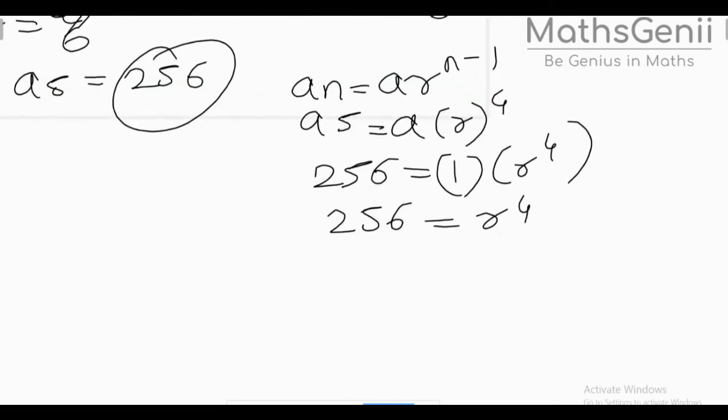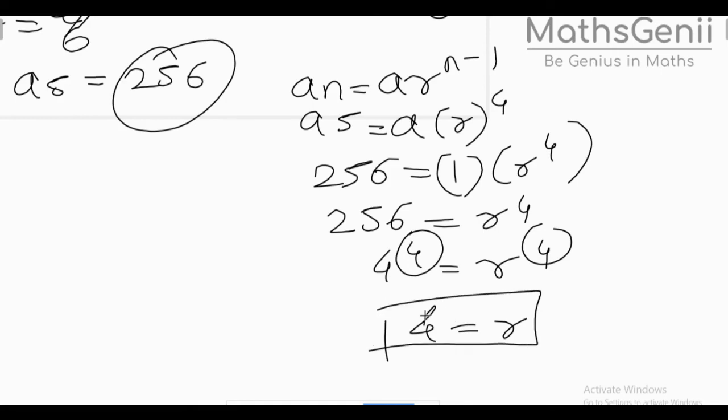Let me just write 256 as something else. Okay, if you know what 256 is, 4 raised to 4. So you will have r, so this 4 and this 4 get cancelled out, and you will have r is equal to 4. Okay, but when you take an even root, remember, you get two answers, plus and minus.